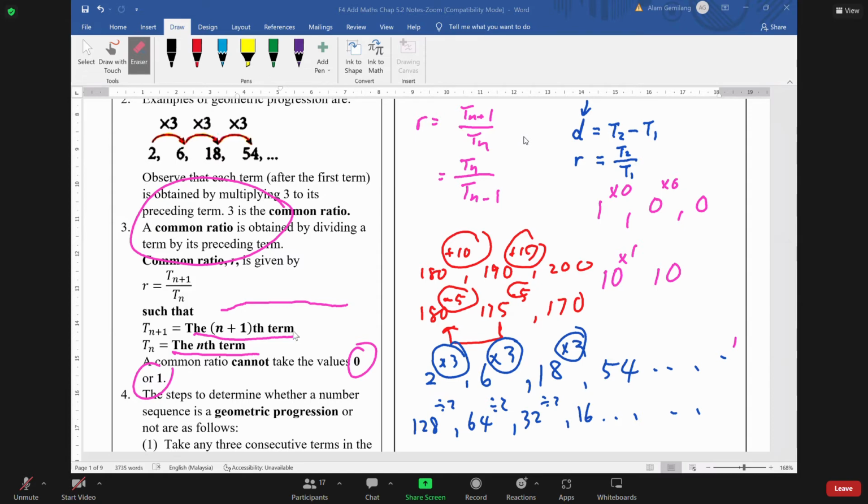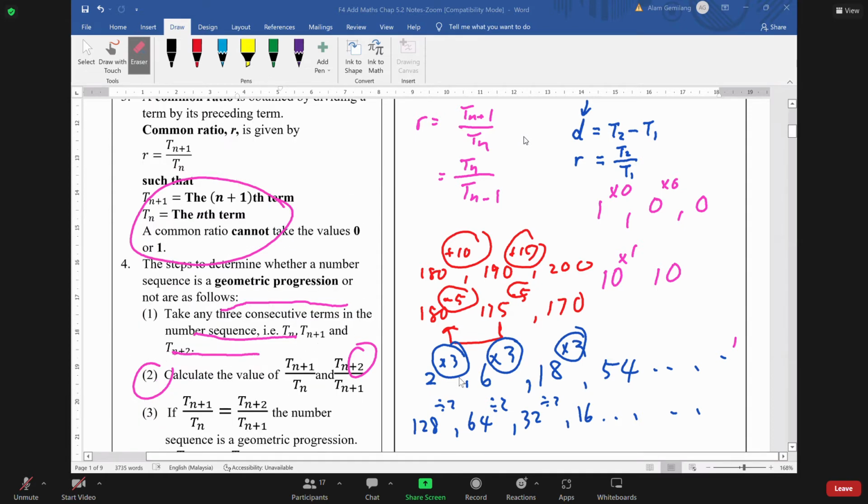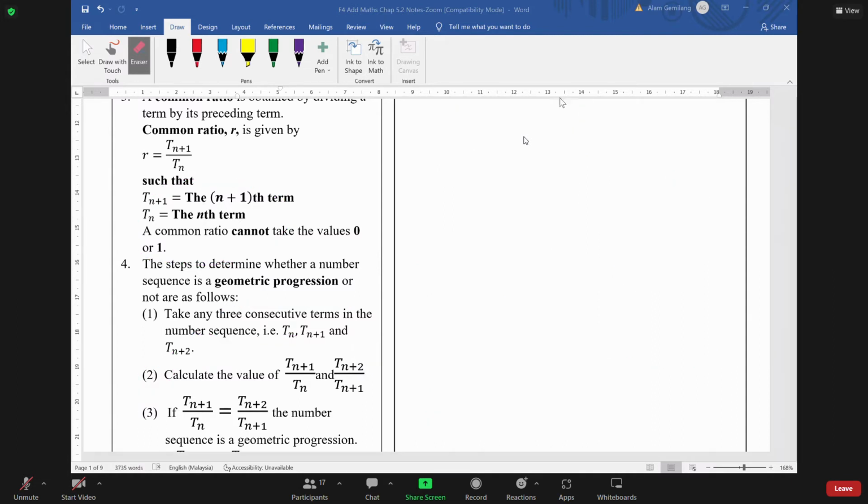So the steps to determine whether a number sequence is a geometric progression or not. Earlier we wanted to prove or show an AP. How to show an AP?